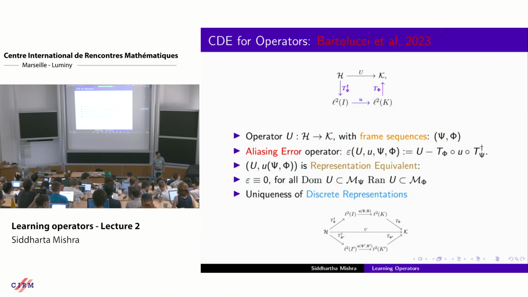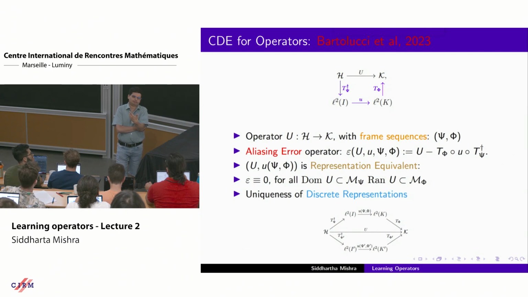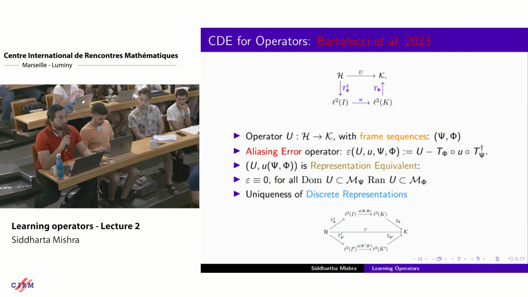My point is that when you go from the representation, there's more than one representation that corresponds to the same function. It's a frame. Normally frames are overcomplete. They are redundant, yes. So that basically means that there is more than one representation that represents the same function.